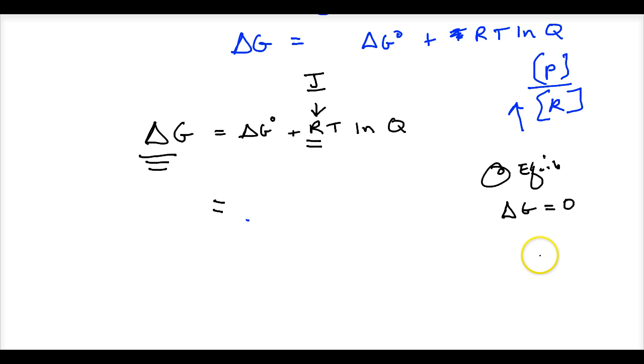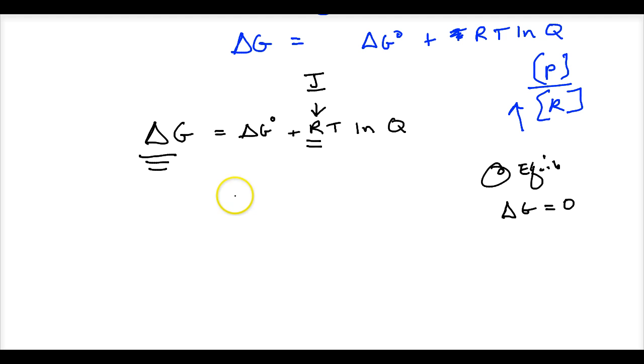So when the reaction gets to equilibrium, there is no work being done. There's no free energy. There's no directionality, because the forward reaction equals the reverse. So if I make delta G 0 at equilibrium, we get a new equation that we can use for evaluating K, or something called the equilibrium constant.